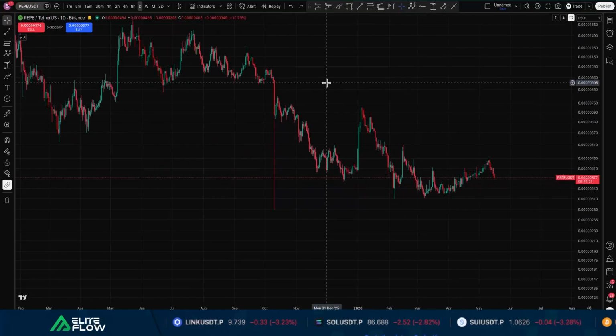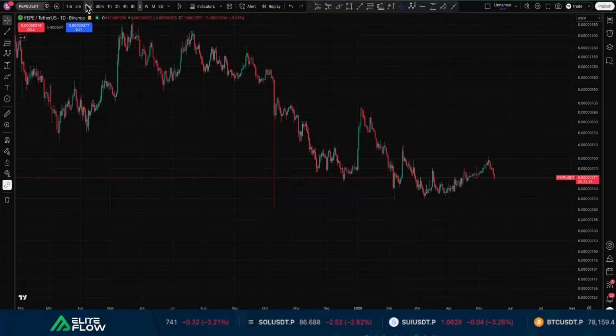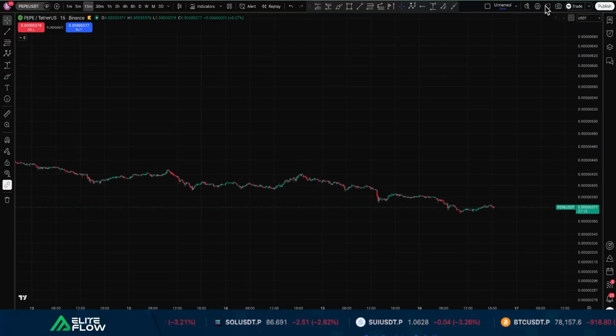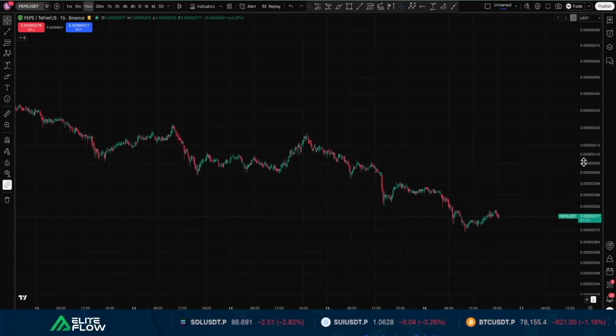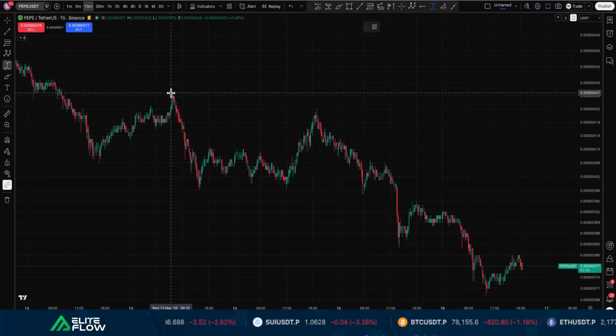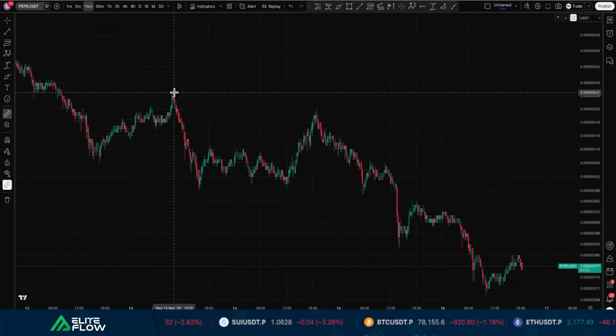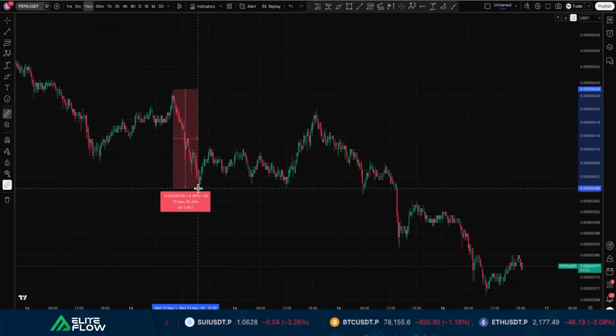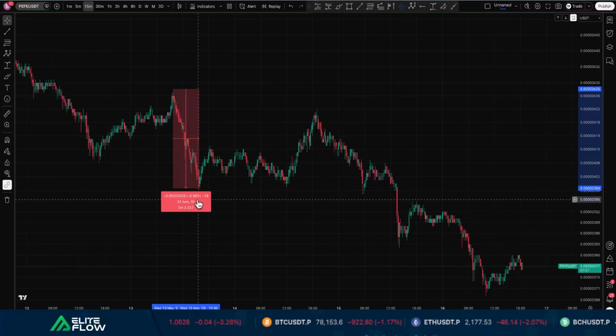But my strategy for this, the easiest way for me to trade this, is on smaller time frames. Why? Well, because on a 15-minute time frame, you get moves like this one. In 6 hours you got a 6% move.